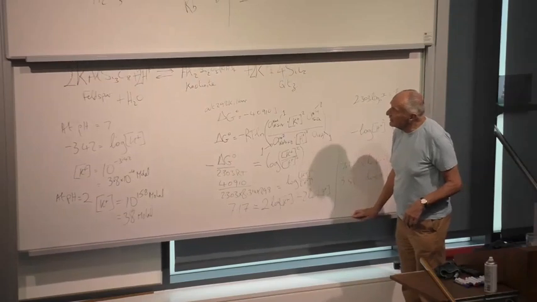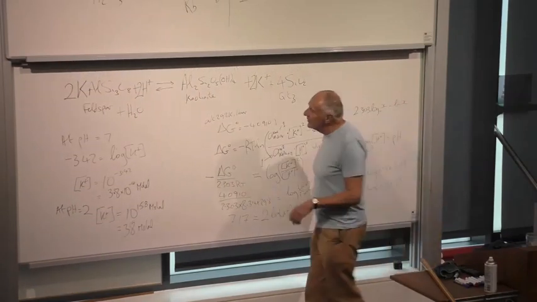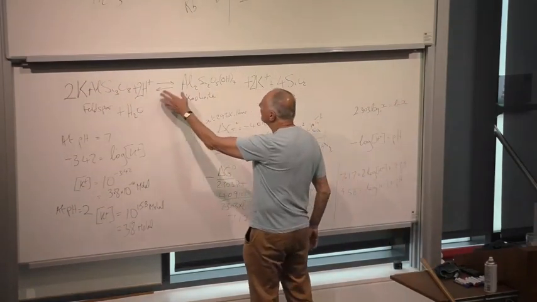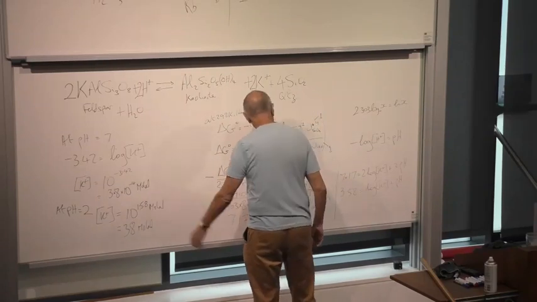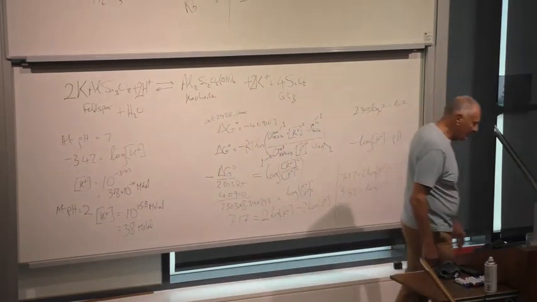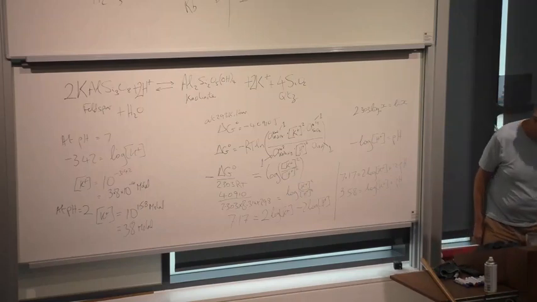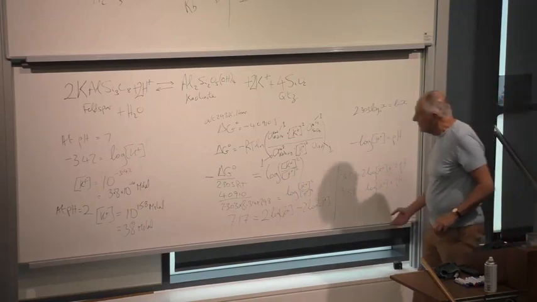The hydrogen ion in solution will react with the feldspar, drive it this way, release potassium. That will continue until the potassium concentration reaches the equilibrium amount. Okay.